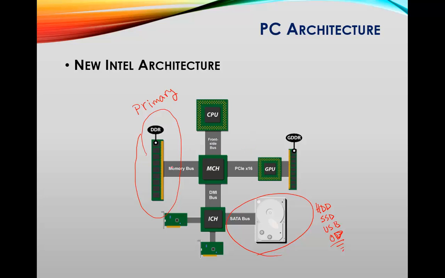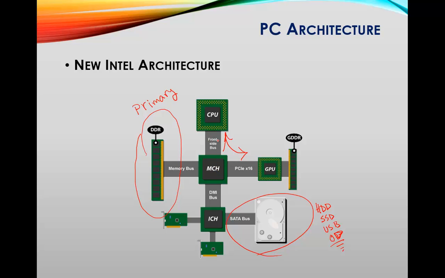So you have some data and address buses that connect your memory to your CPU, either secondary or primary memory units, and then you've got a bus system that communicates between your graphics processing unit and your central processing unit. So this is the overview architecture, and we'll go into some details about what has changed as far as the Intel architecture is concerned, as well as the AMD, and what are the benefits and drawbacks of each.